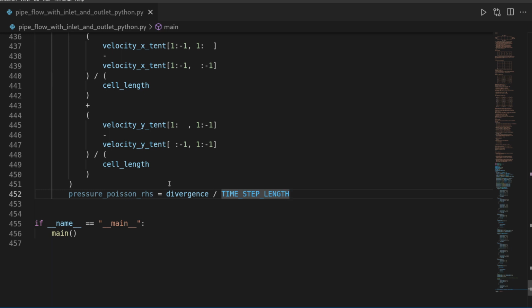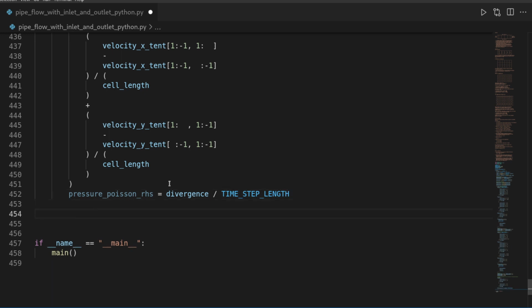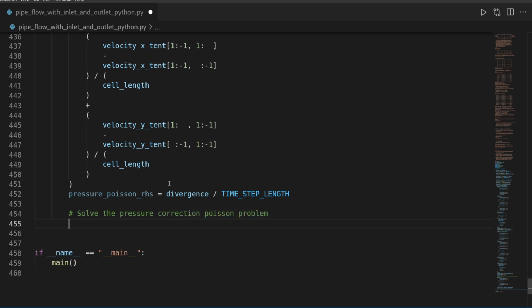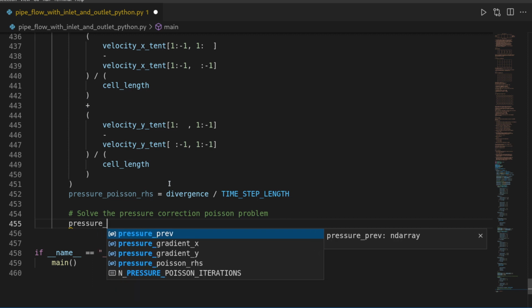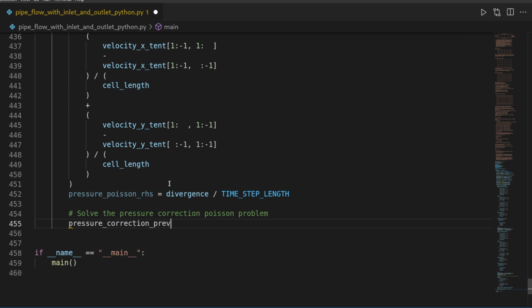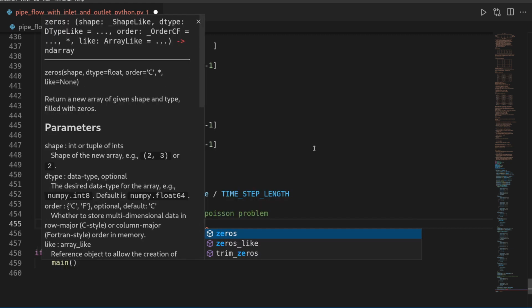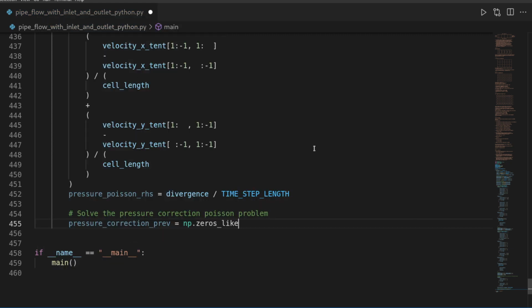First, I want to define the pressure correction in the previous iteration. So let me first give this a headline here and say, solve the pressure correction Poisson problem. And I say pressure correction previous, and now previous and next refers to the Jacobi iterations that we're going to do. And this one is going to be a zeros array, and it has the same shape as our previous pressure.